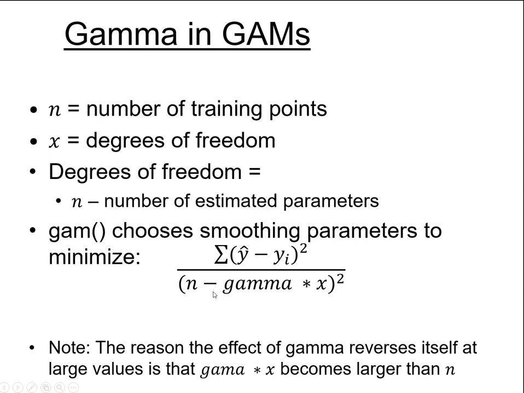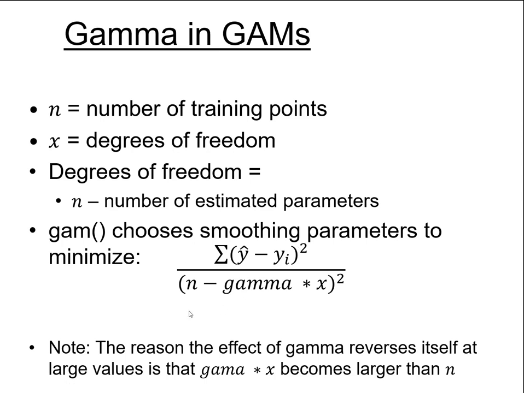Take a look at that down here. You've got number of training points, okay, and then you've got gamma times the degrees of freedom, or n minus the number of estimated points. Basically know that as your gamma increases, this is going to penalize the model for the number of knots that are in it, okay? So it's going to want to have fewer training points to get the same value here, okay?